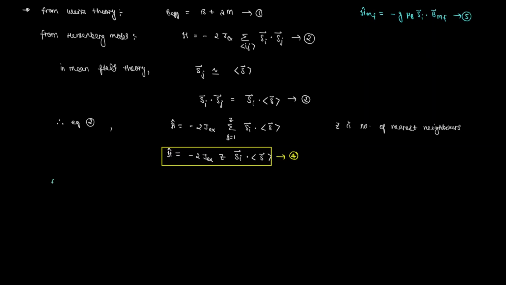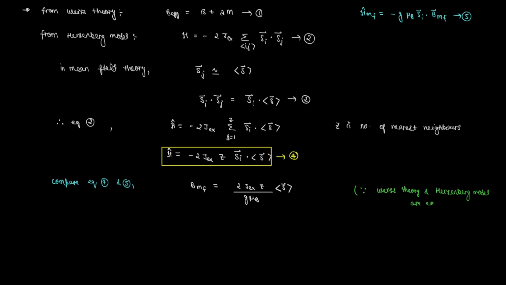And if we are saying that the Weiss theory and Heisenberg model are equivalent, then we can compare equations 4 and 5. So therefore we will get the molecular field equal to 2 times J exchange Z divided by g mu B, times the average value of S. This is because of the fact that the Weiss theory and Heisenberg model are equivalent.